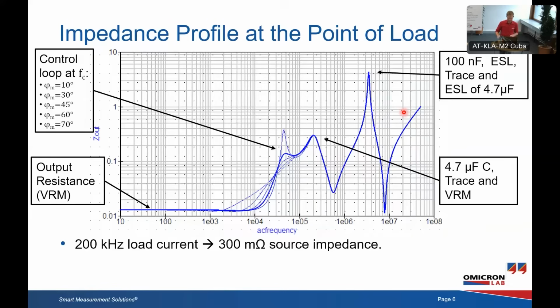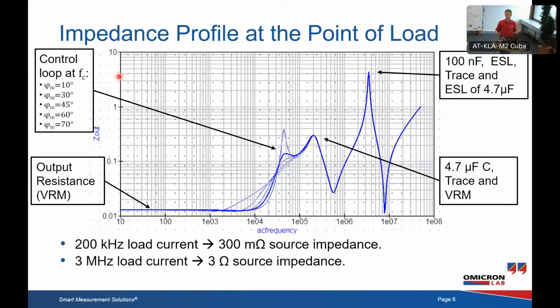Yeah, and if we look at 200 kilohertz, so this first peak here, that's at 200 kilohertz, then we get an impedance of roughly 300 milliohms. And that would mean that if we have 1 amp load step, the voltage would drop by 300 millivolts. And if you look at 3 megahertz here, then we have 3 ohms of impedance.